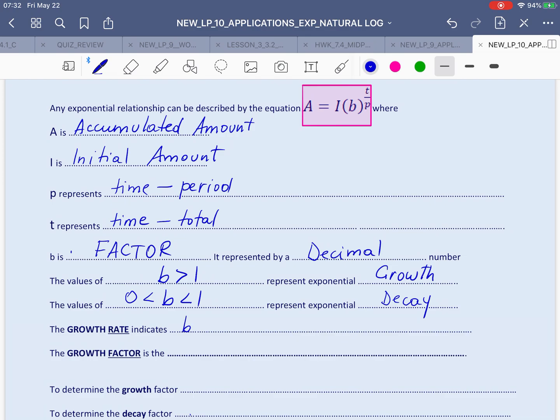Now, the growth rate is different than the growth factor. The growth rate indicates by how much, and I will highlight the word by here, by how much a population is increasing.